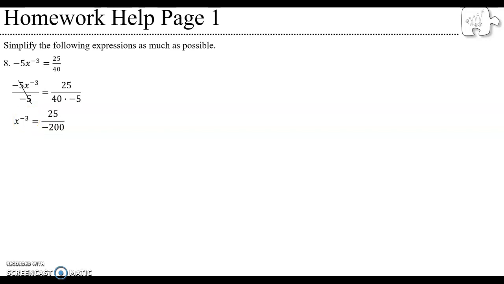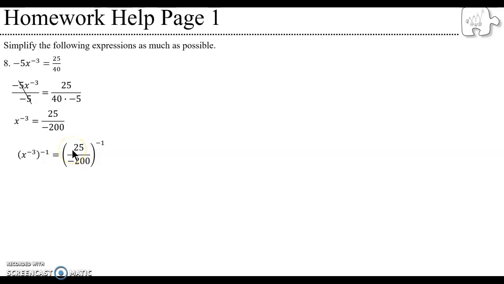So remember, a negative times a negative will be positive. That's the only thing we could do with these exponents: multiply them by raising to another power. So I'm going to raise both sides to the -1. So that way, this will be x to the -3 times -1, which will be +3.